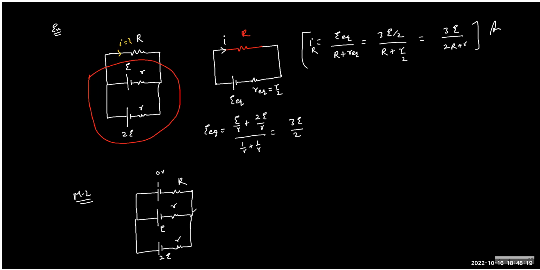And now you can see these are three cells in parallel. So I can find the terminal potential easily. So what is the equivalent, guys? Directly you can write. Apply the same formula and tell me what is the equivalent for the entire combination.